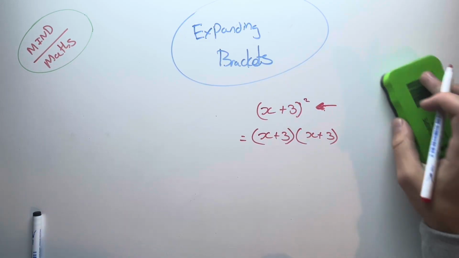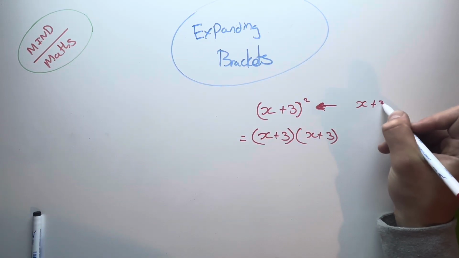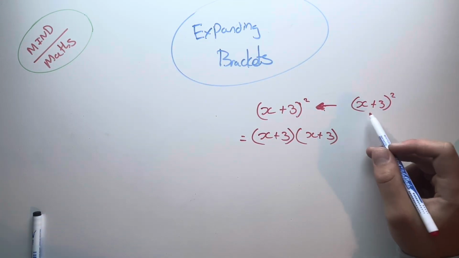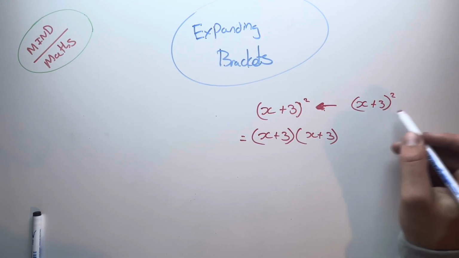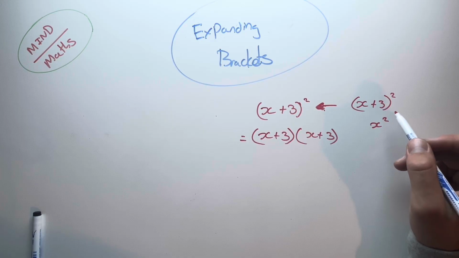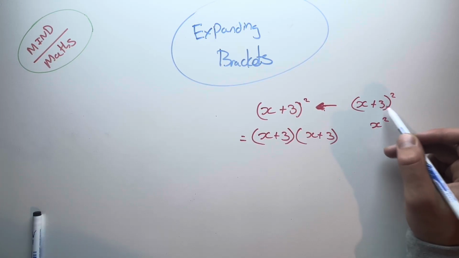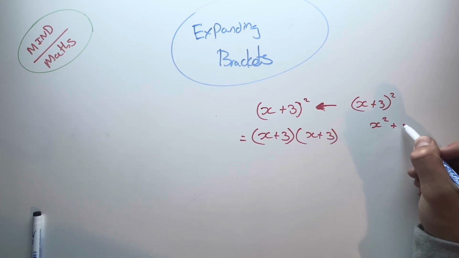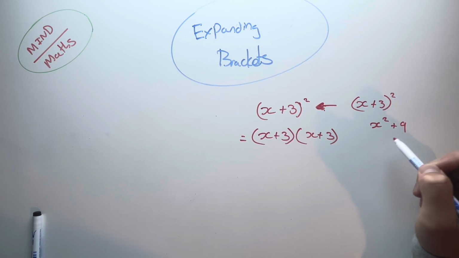It's really important that you don't just leave it as this, because you might assume it would be x squared, and then there's a 3 there, so that's squared as well, so that'll be plus 9, because 3 times 3 is 9.